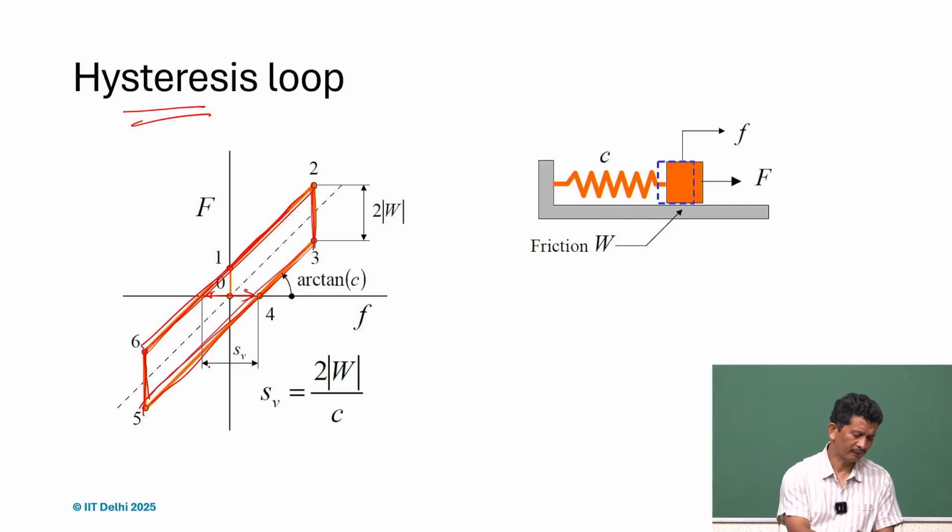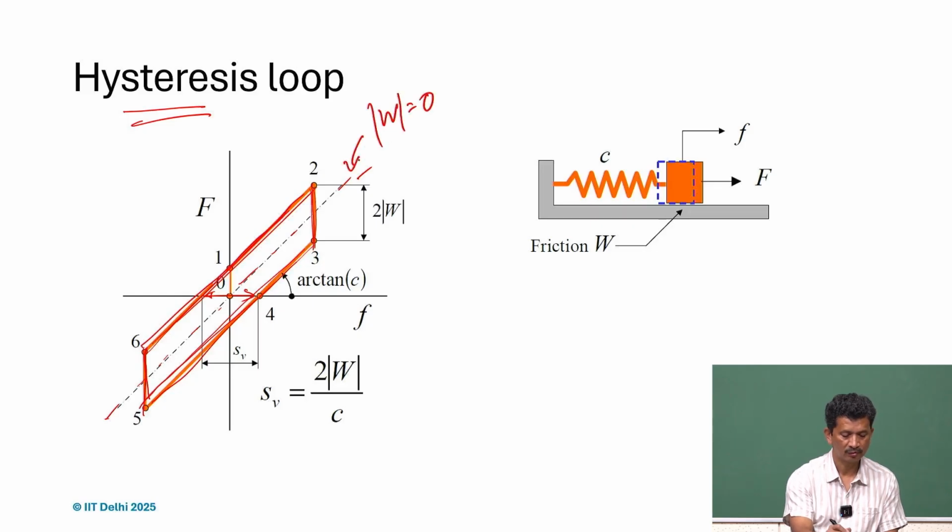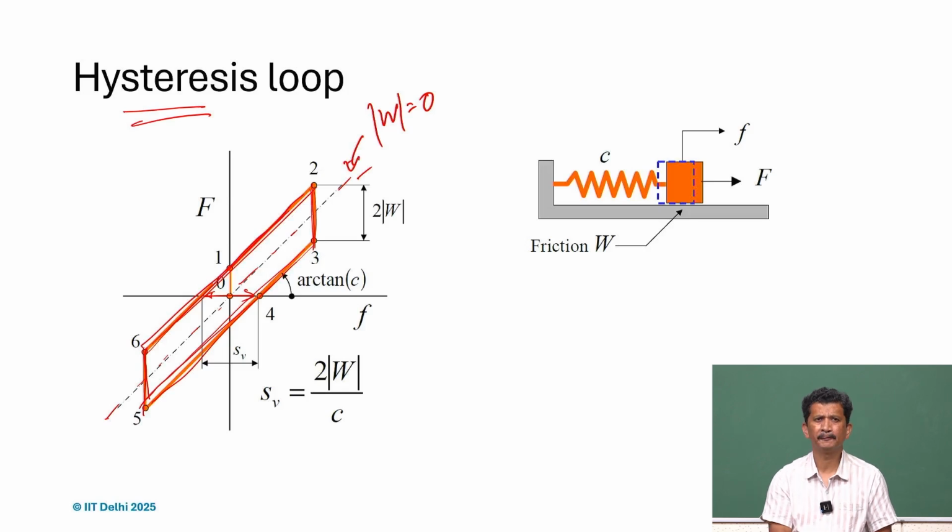What is this dotted line? If W is 0, that is the dotted line. So it means it's quite repeatable, right? The force versus displacement is linear, and C is the stiffness.